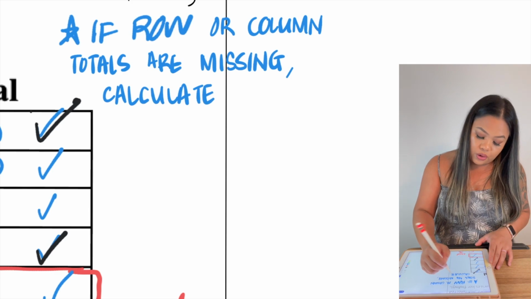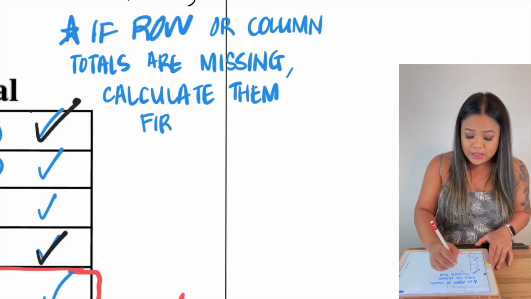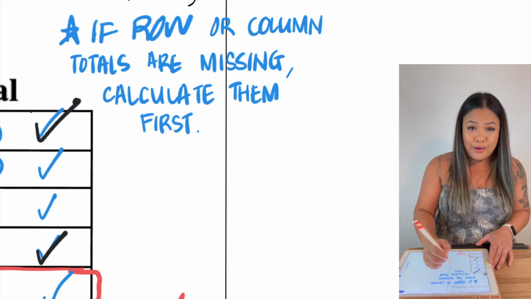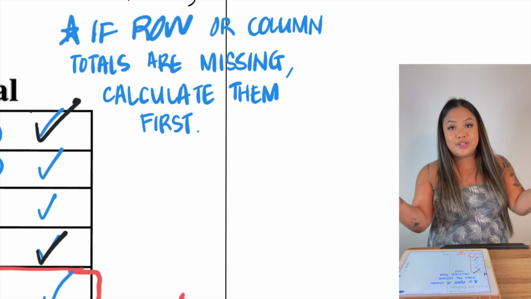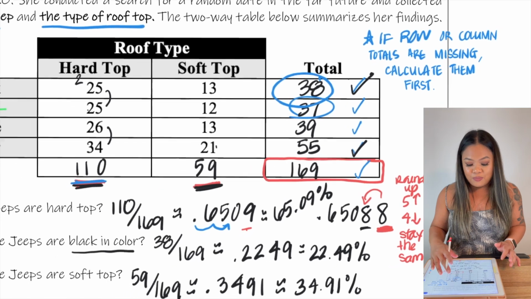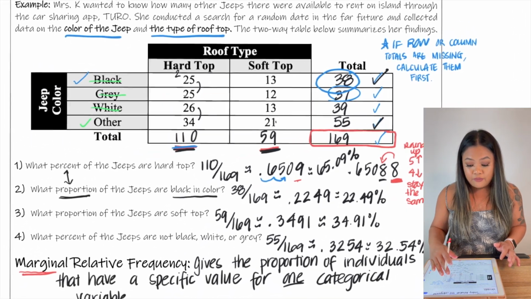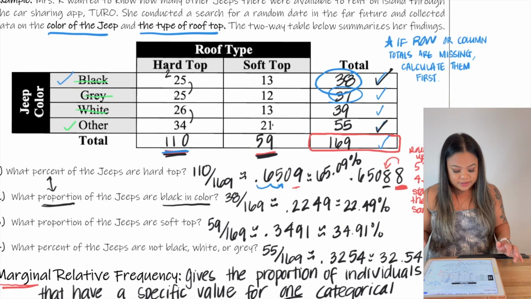Okay, because you're gonna need the total to calculate the percentages. And sometimes when kids don't see a place for the total, they totally forget to calculate the total, and then they don't understand that they're gonna need the total to calculate the percentages. So if you don't see a space for total, make sure that you try and find that first, okay? So that's just a little side note there.